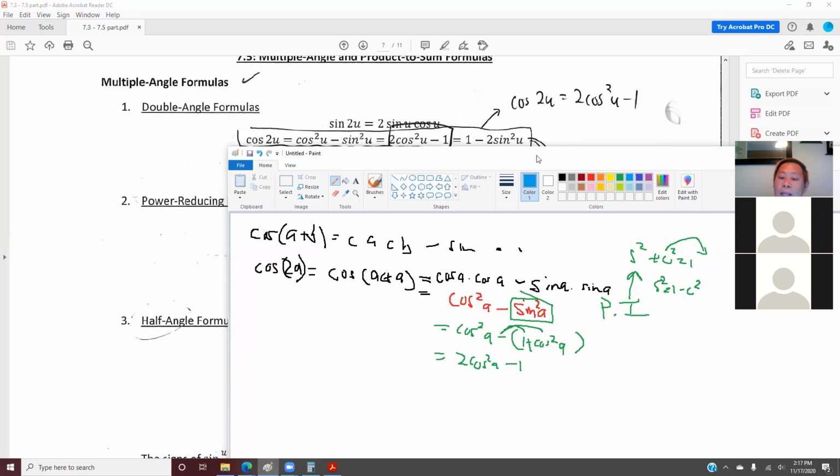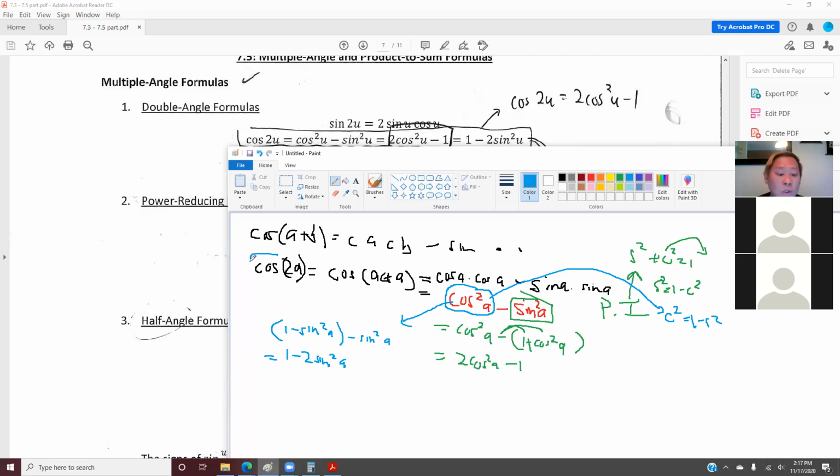And then if you want to get the last one, we just need to replace the cosine square using Pythagorean, because cosine square is 1 minus sine square. So you can also do 1 minus sine square A minus sine square A. In this case, you will get 1 minus 2 sine square A. So you get this last formula.